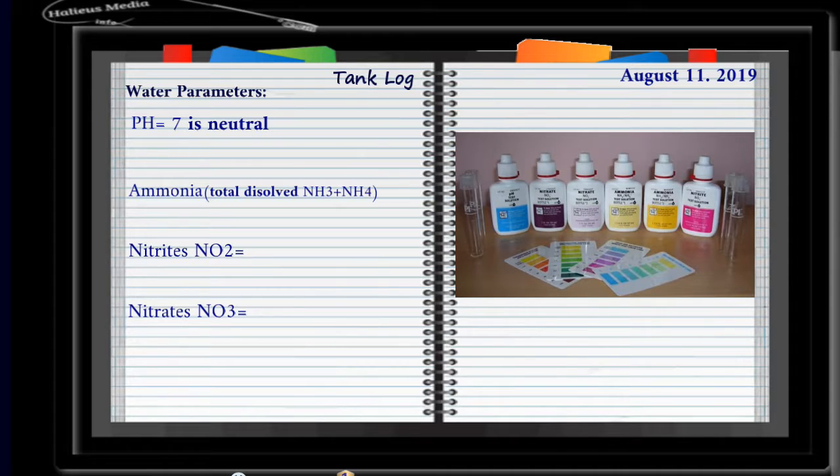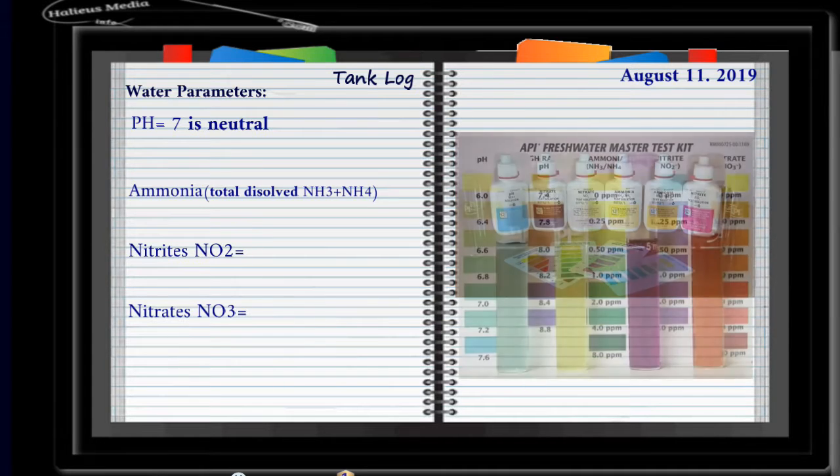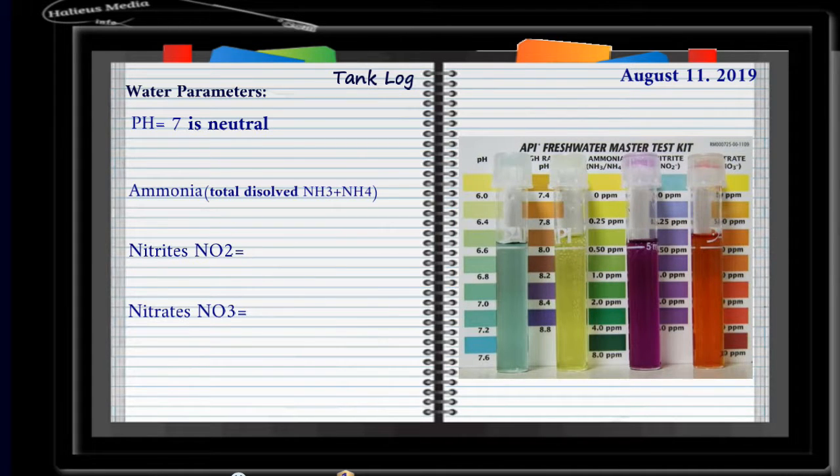It depends on where you get your kit, if API gives you a big master card like we showed in the beginning, or if they give you the little individual cards. Next, we're going to show you a sample test where somebody ran a test on their water and the results that they got.